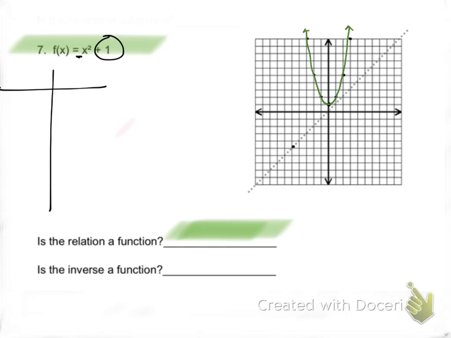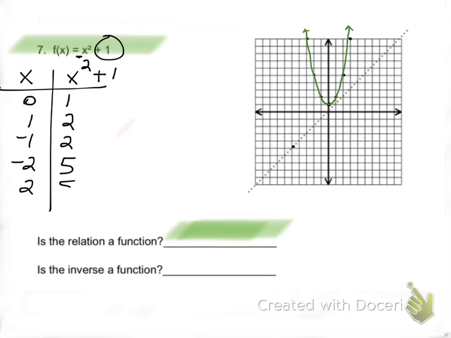The other thing you can do is find some points and plot them, and that helps you with the inverse. You have x that you choose, and x squared plus 1 is your y. So if x is 0, y is 1. When x is 1, y is 2. Negative 1 is going to be 2 again. Negative 2 is 5.